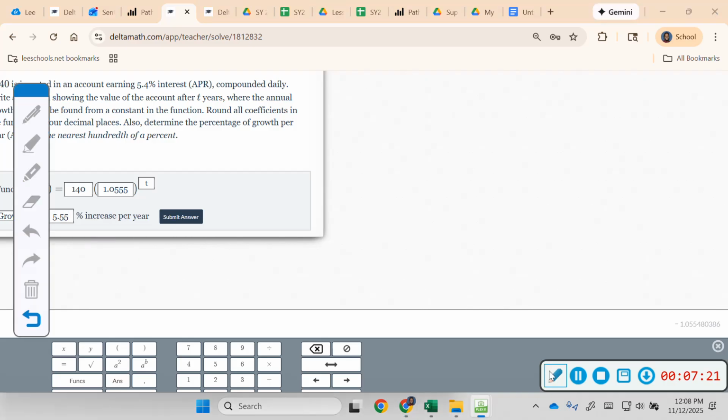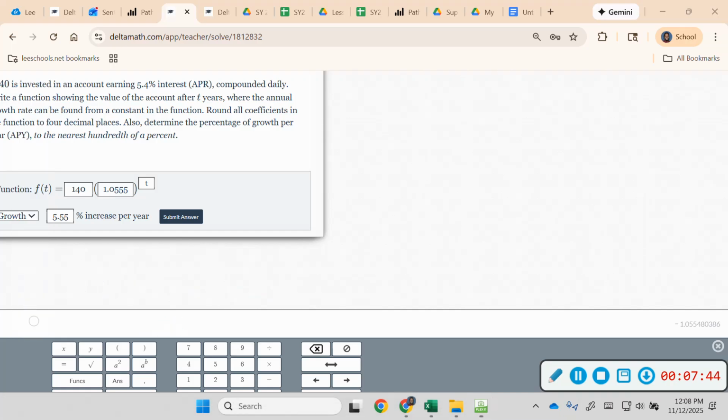Because again, you could take that number in the parentheses, 0.0555 minus 1, then multiply by 100, or you can get rid of the 1 and move the decimal point 2 times to the right. So it should be 5.55.